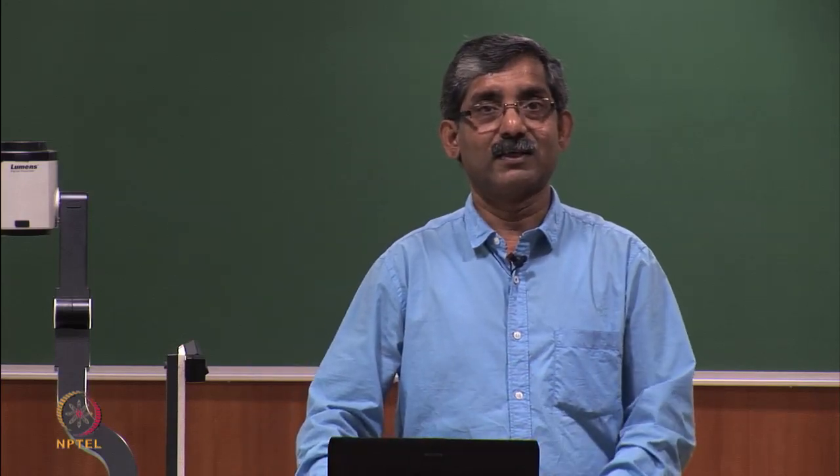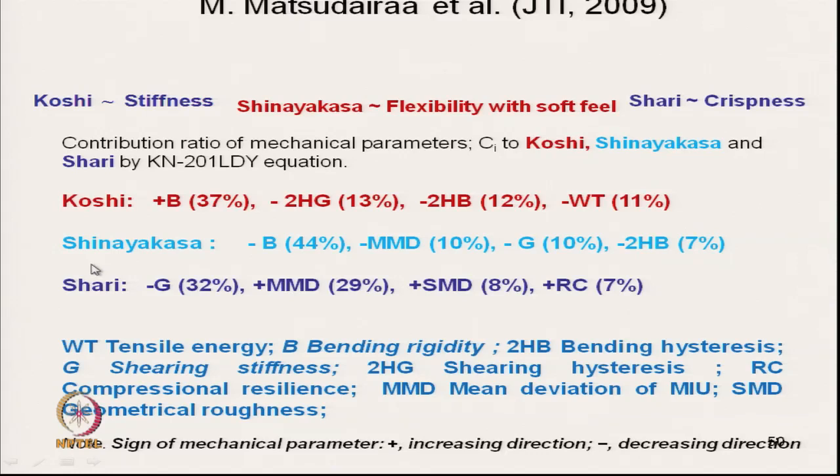testing. Similarly, Shinai Akasha is flexibility with soft feeling. What is flexibility? Flexibility in terms of shear stiffness. That means a higher shear stiffness will result in lower Shinai Akasha.